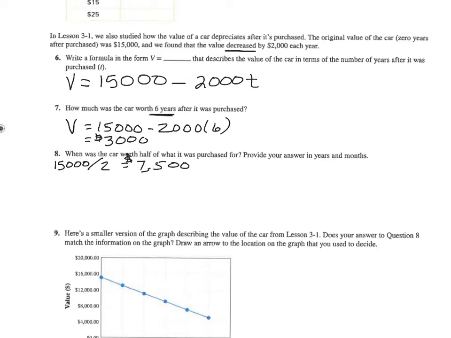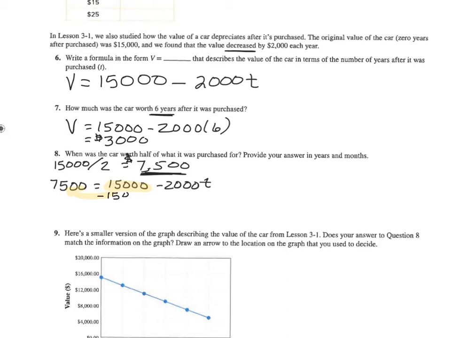And they said, provide your answer in years and months. So we have, this is our value. So 7,500, this can be our value, equals 15,000 minus 2,000 T. All right, so from what we learned, we need to move this 15,000 over to the other side here because we need to eventually get the T by itself.